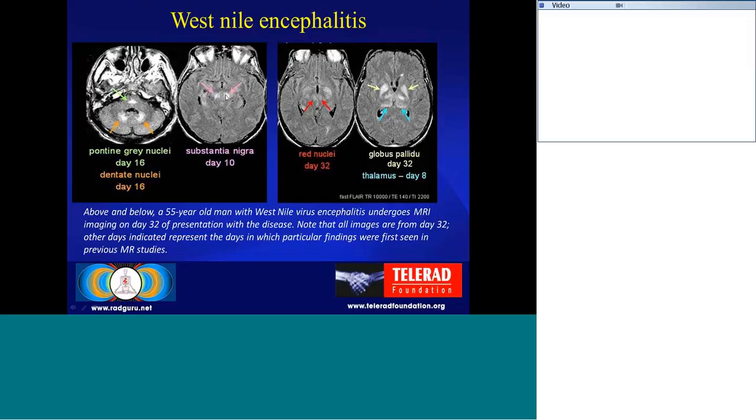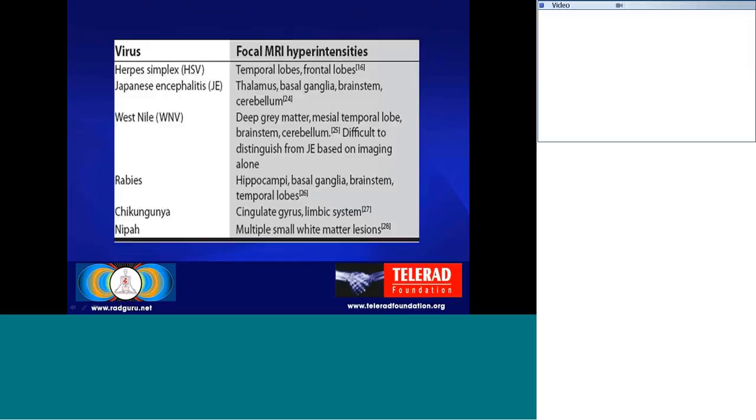The substantia nigra is involved in the midbrain, the red nucleus, the globus pallidus, and hypothalamus also involved. So this is a case of benign encephalitis. So these are some broad imaging features: herpes simplex, which includes temporal and frontal lobes. Japanese encephalitis, as I told, is a Flavivirus.